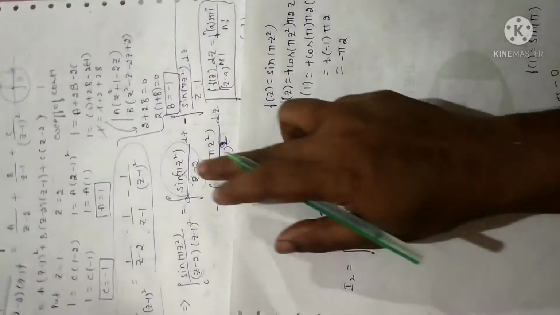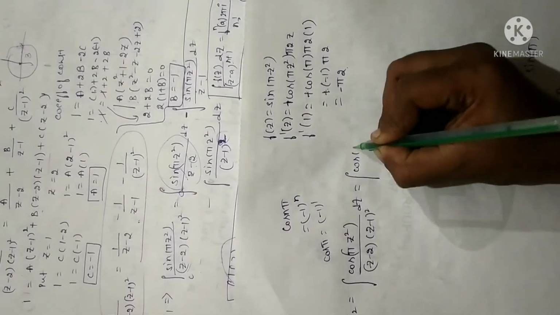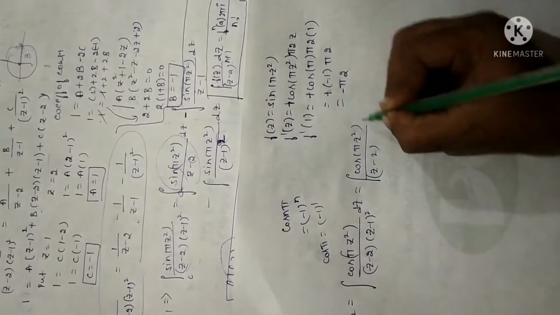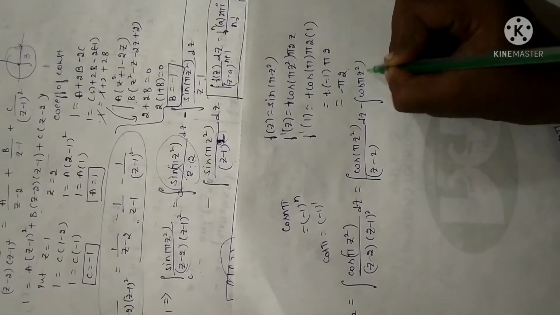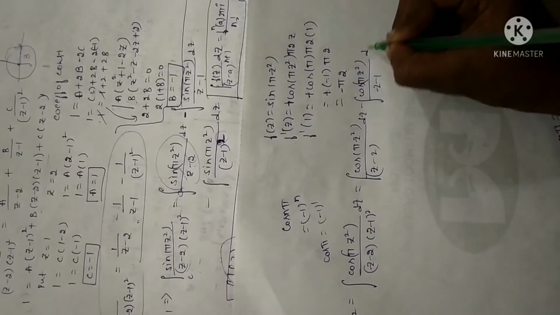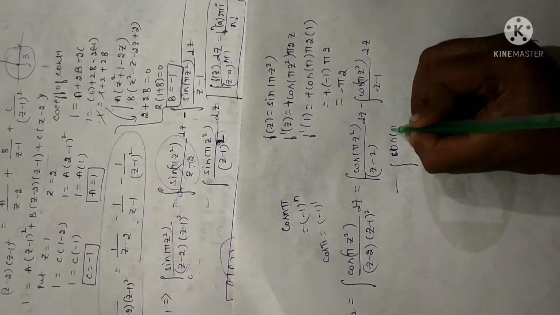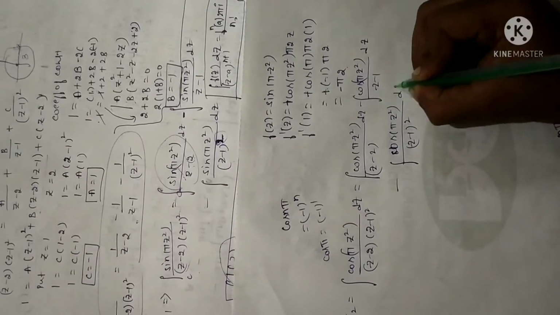Anyhow I have split the denominator, so I can apply directly as we did for the first integral. So what I can write is cos of pi into z square divided by z minus 2 into dz, minus cos of pi into z square divided by z minus 1 into dz, minus cos of pi into z square divided by z minus 1 whole square into dz.